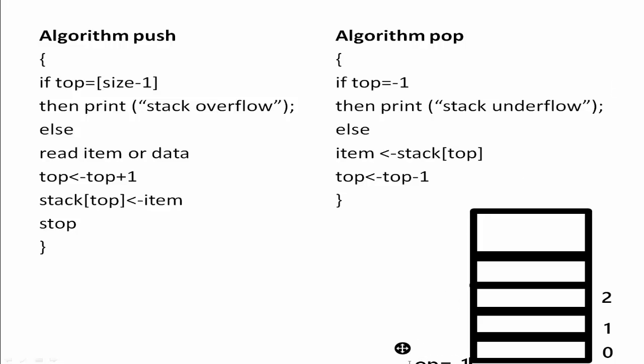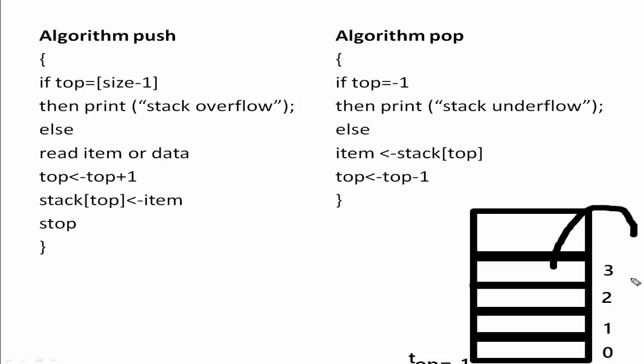Then you cannot decrement the stack, you cannot pop the elements. So here assume you are having 0, 1, 2, 3. Here you are going to perform the pop operation.